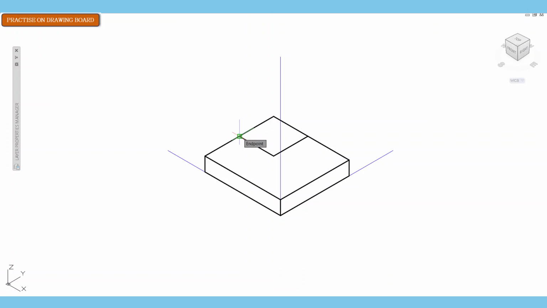Now, mind you, all the objects or visible outlines that we draw should always be parallel to the isometric axis that we've defined. That is the lines in blue. Okay, and then the height we said was 25. 25 here, 25 there, 25, and then another 25.